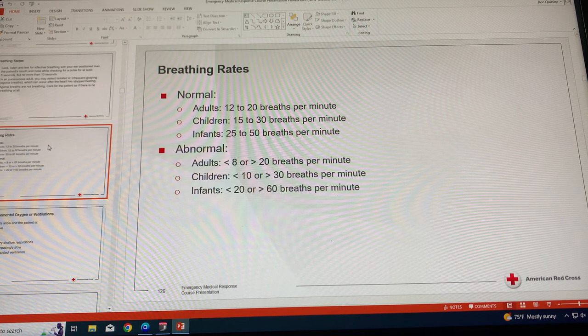Adults, 12 to 20 breaths per minute. That's a normal breathing rate for an adult. For children, 15 to 30 breaths per minute. For infants, 25 to 50 breaths per minute is normal.